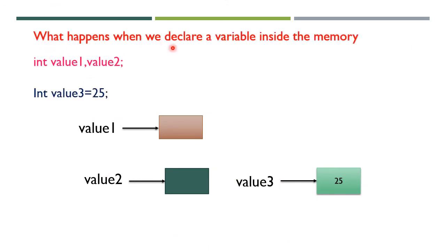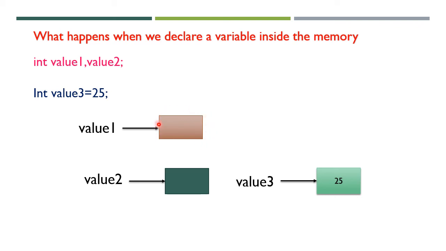So what happens when we declare a variable inside a memory? Int value 1, value 2. Here these two are variable names. Value 1 represents some memory location of type integer. So a space will be created inside the memory.